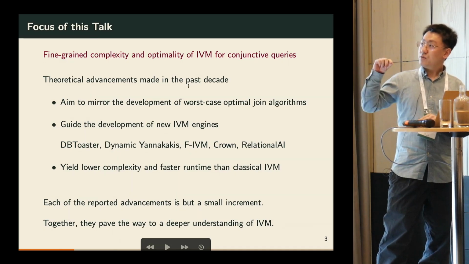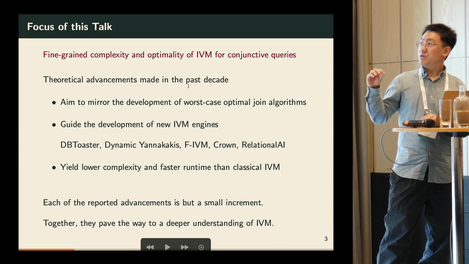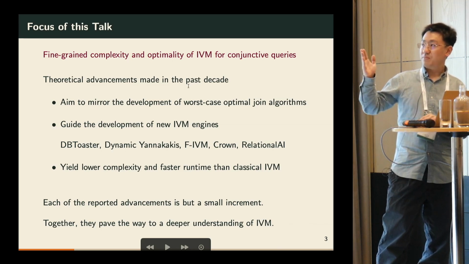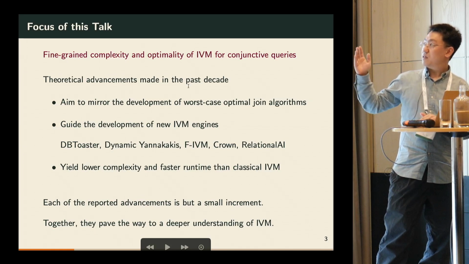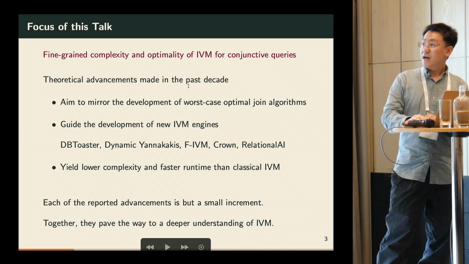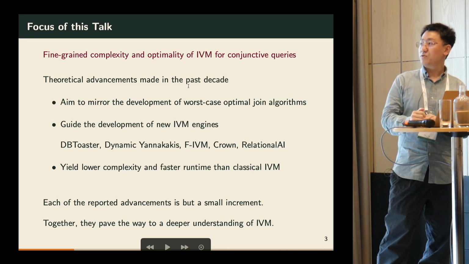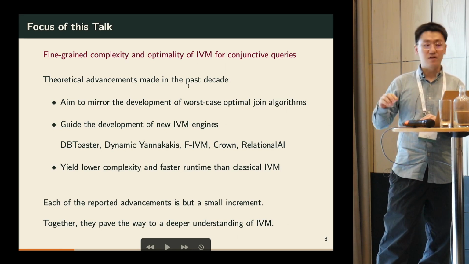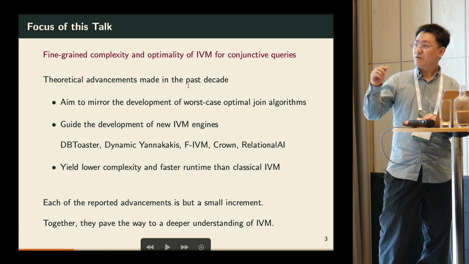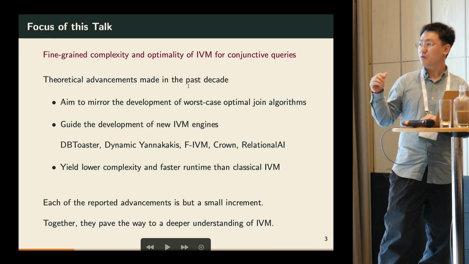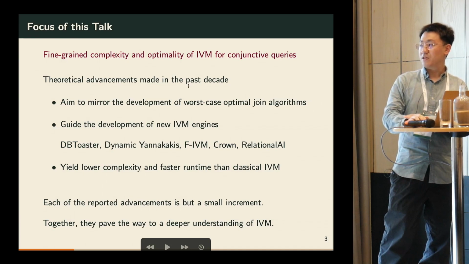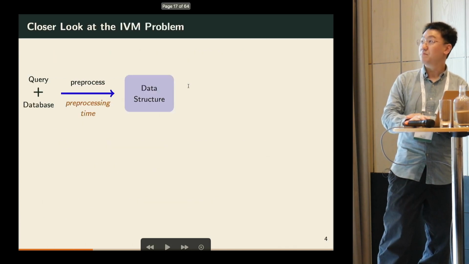And these results guide the development of some new IVM engines like dbToaster, Dynamic Yannakakis, F-IVM, and the IVM system in RelationalAI. They yield lower complexity, and experiment results also show they have faster runtime than classical IVM. Each of these reported advancements is a small increment, but together they pave a way to a deeper understanding of IVM.